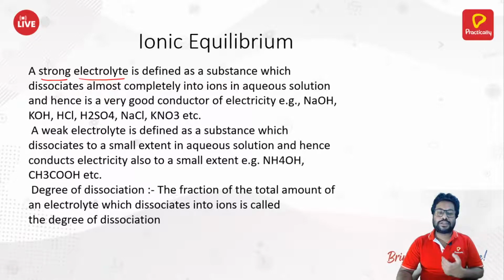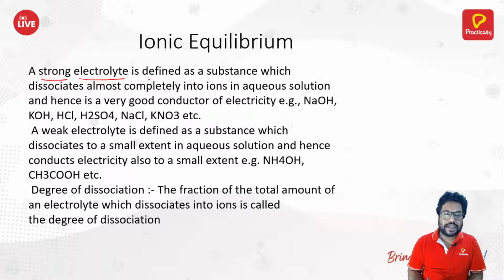Some substances dissociate partially or to a small extent; we call them weak electrolytes. A strong electrolyte is defined as a substance which dissociates almost completely into its ions in aqueous solution, and hence they are very good conductors of electricity.